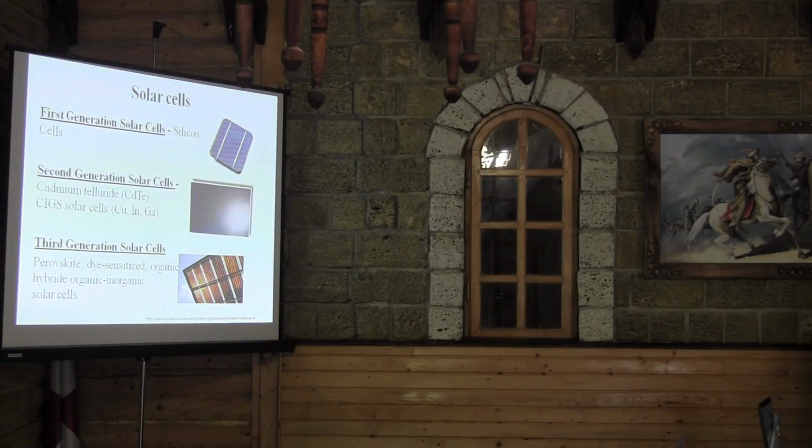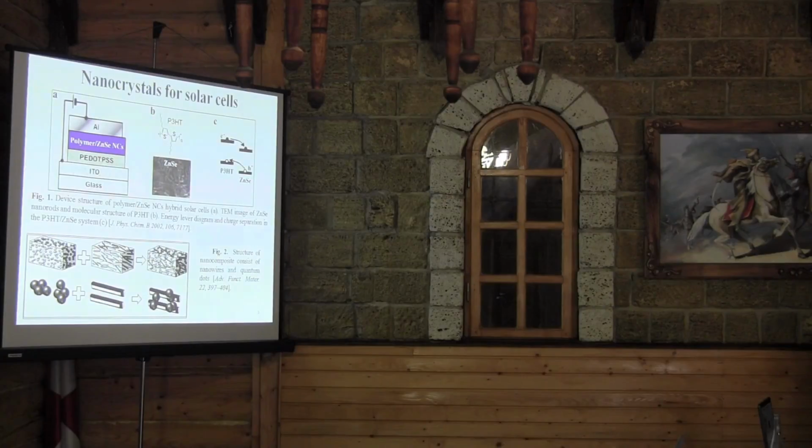For example, mixed conductive polymers with nanoparticles, or organic solar cells. The advantage of these hybrid organic-inorganic and organic solar cells is that these materials may be printed on, for example, clothes and different materials.